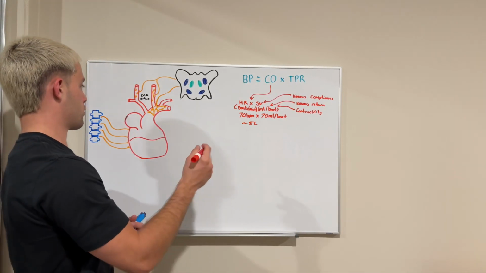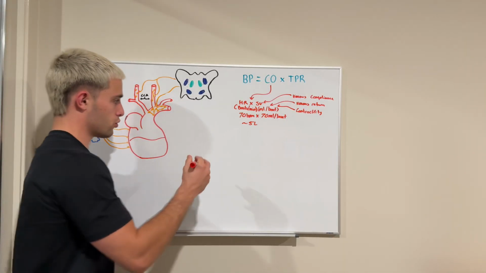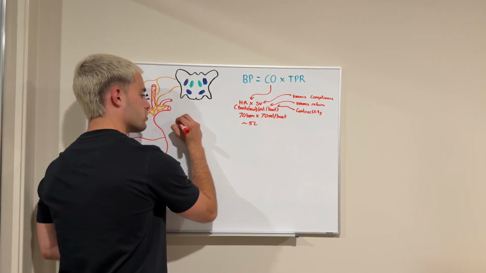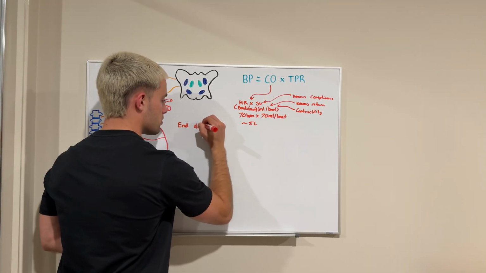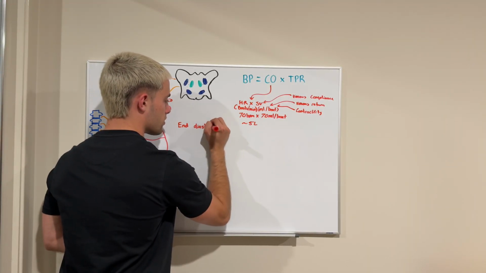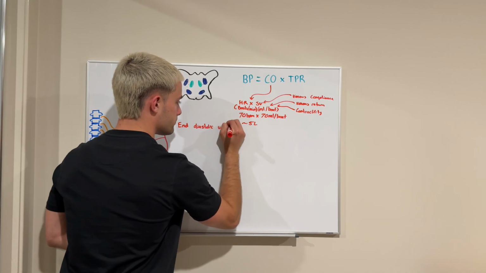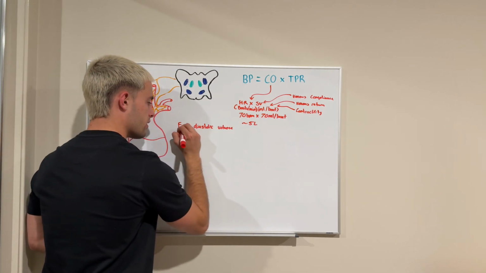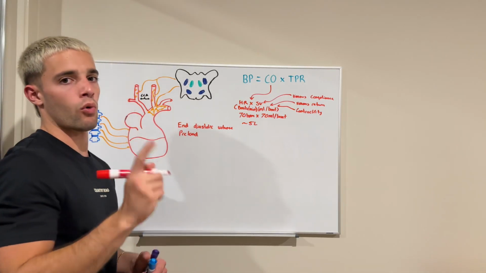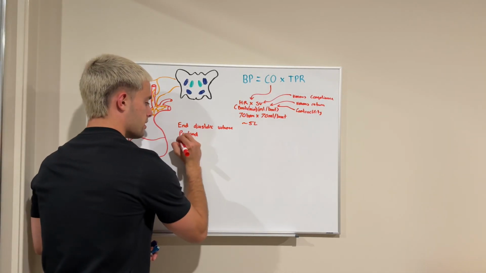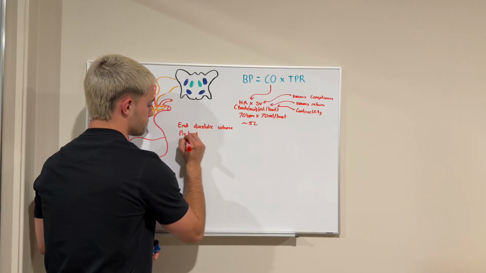Now, there are 2 terms we used: end diastolic volume and preload. Now there's one more. The last one is afterload.